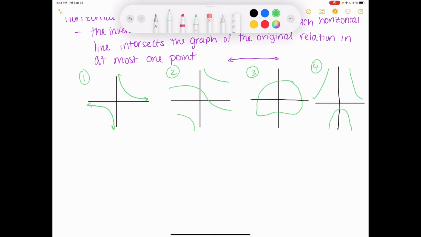All right, so I'm going to use this to answer a couple questions. Which graphs are relations of functions? With that, we're going to check the vertical line test.